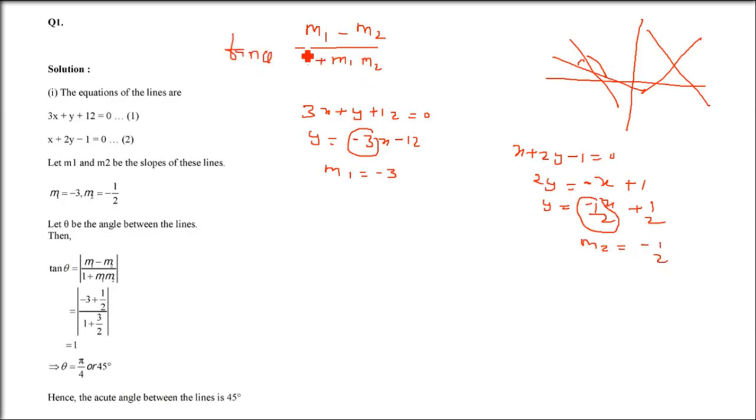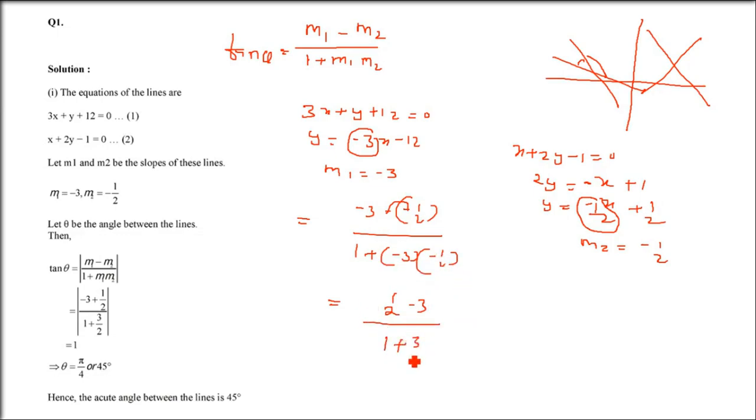Now I'll put this in the formula. m1 is minus 3, m2 is minus half, and 1 plus minus 3 into minus half. This goes plus. So this is minus 3 plus half, so you have half minus 3 actually, and 1 plus 3 by 2.